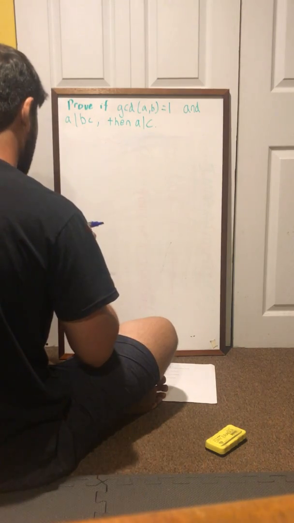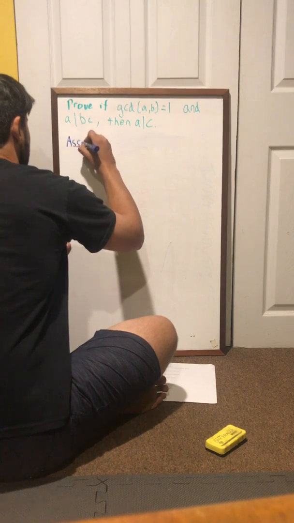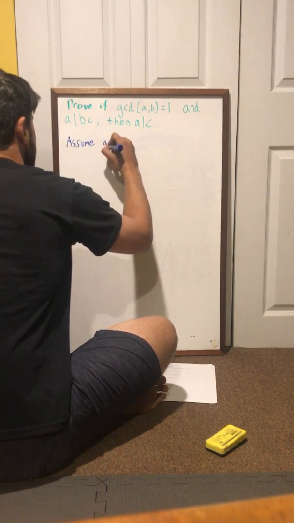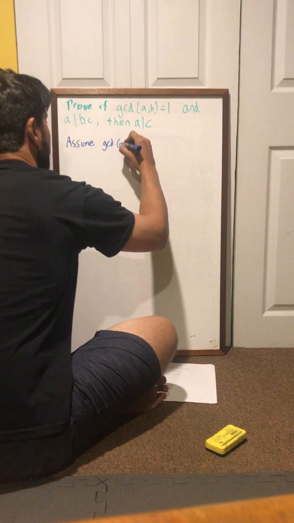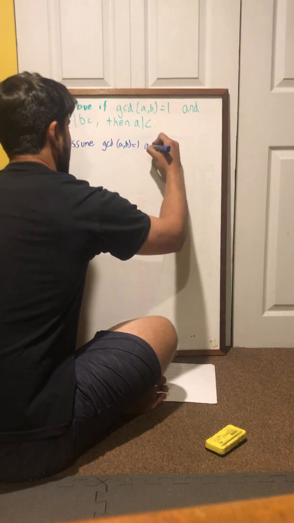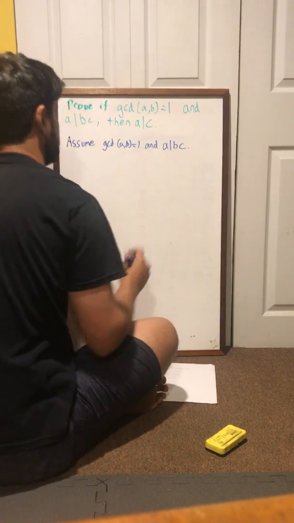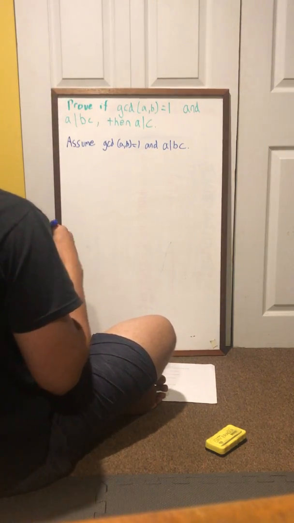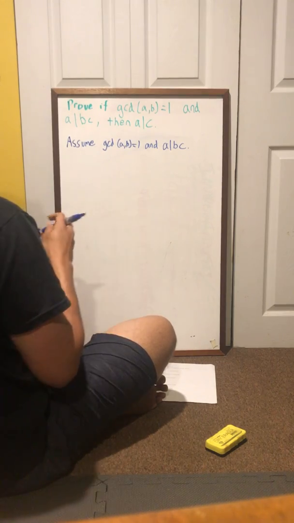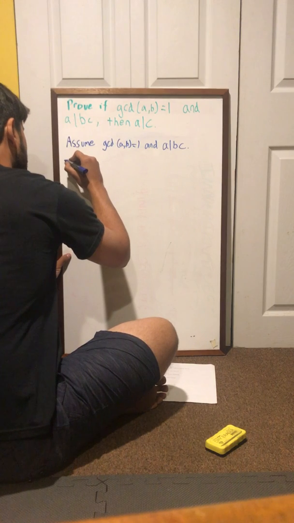So we're first going to assume GCD of AB equals 1 and A divides BC. Okay? So we're first going to use the Bezout's identity theorem.